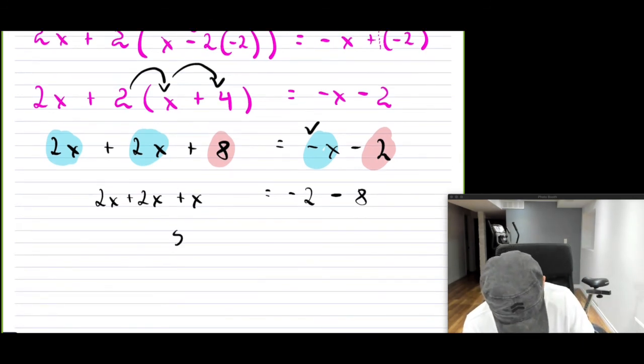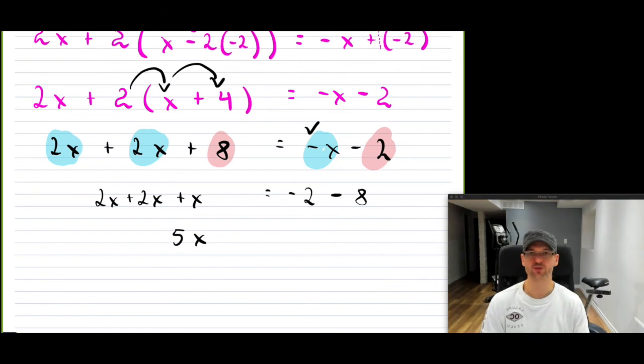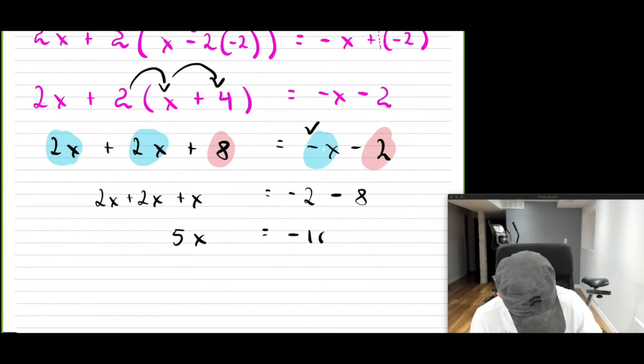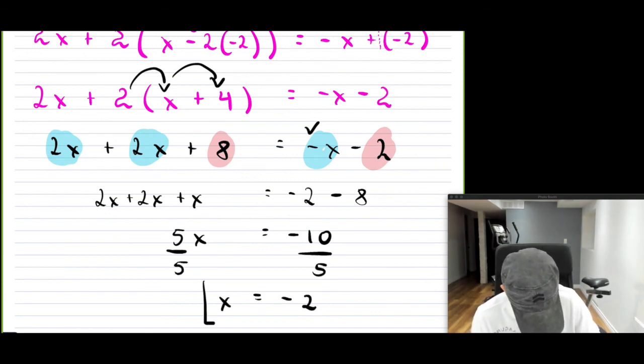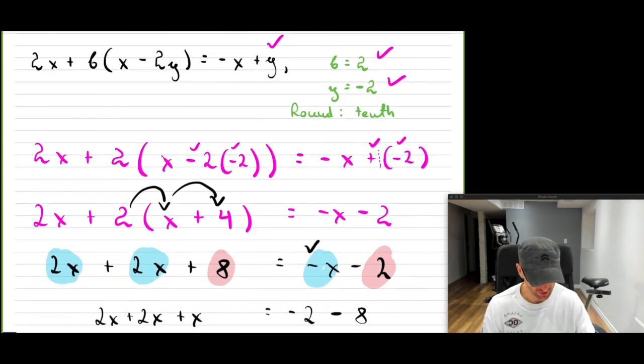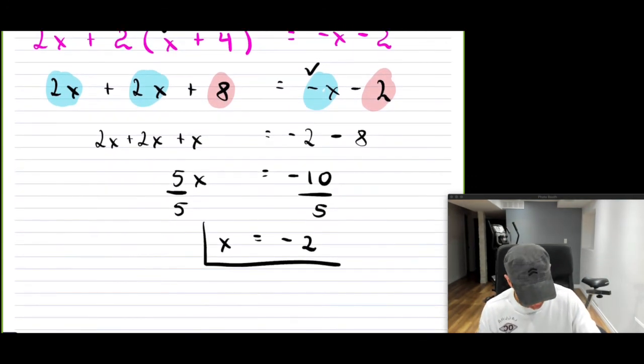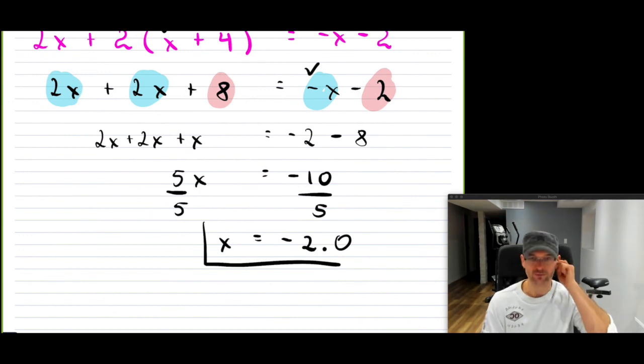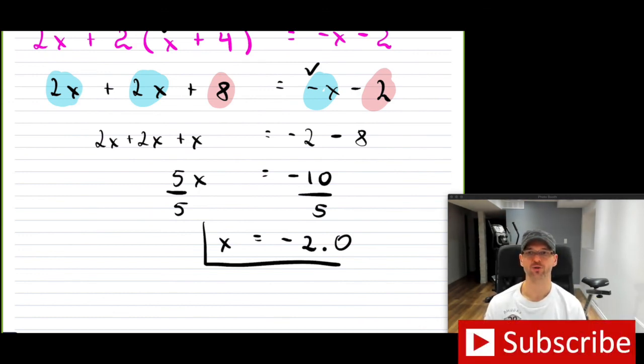So collecting like terms, this is 5x, because it's 2 plus 1 plus 2, is equal to negative 10. Dividing by 5, and you get your answer. This was round to the 10th, so if they really want it, you can put that in there to keep it to the 10th, but it is negative 2.